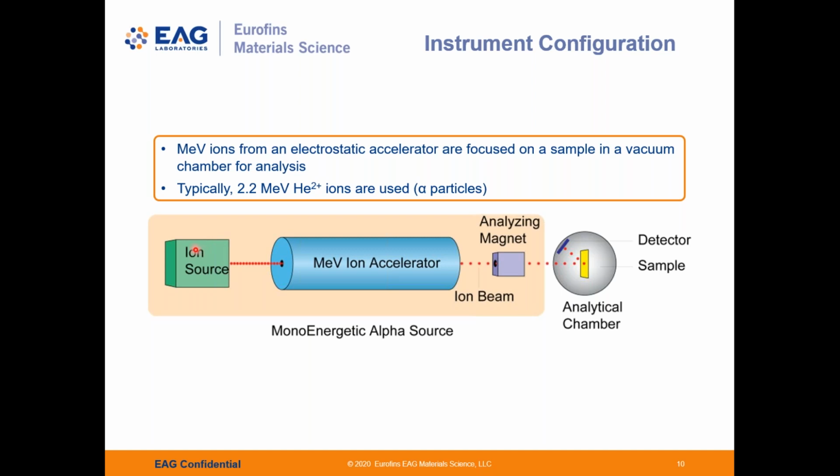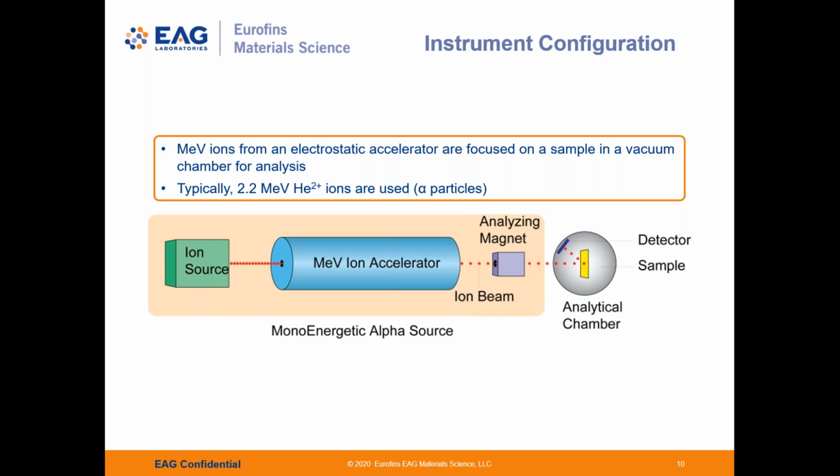The resulting ions are then injected into the high voltage terminal and accelerated to an energy of 2.2 MeV. The high energy alpha particles that exit from the terminal are selected by means of switching magnets and focused into a monoenergetic ion beam using the electrostatic lenses. The beam enters the sample chamber where the ions then collide with the nuclei in the target sample film.